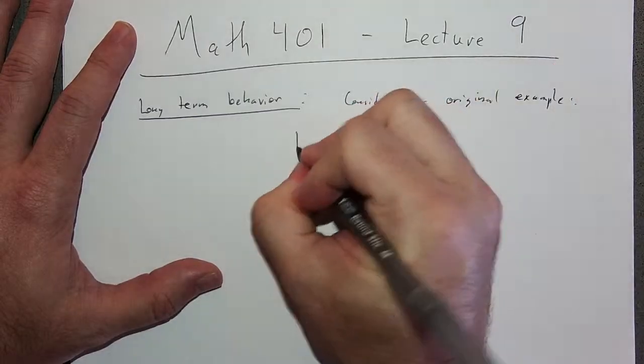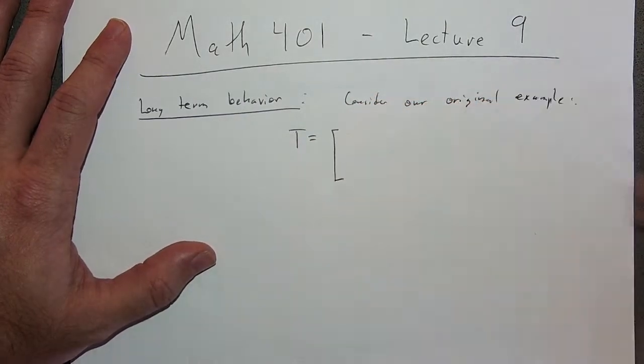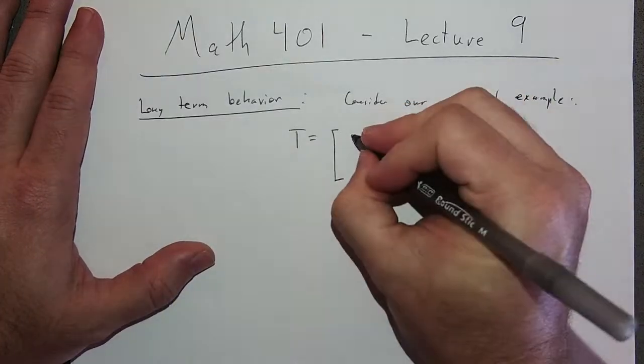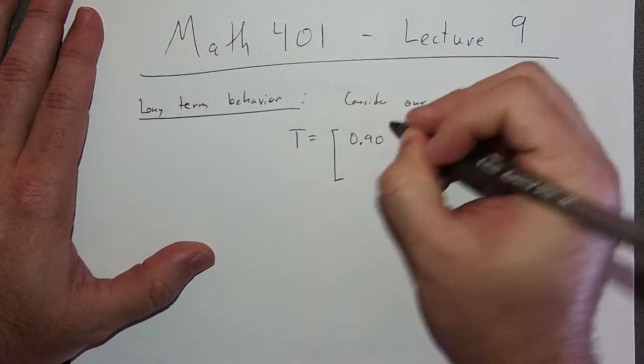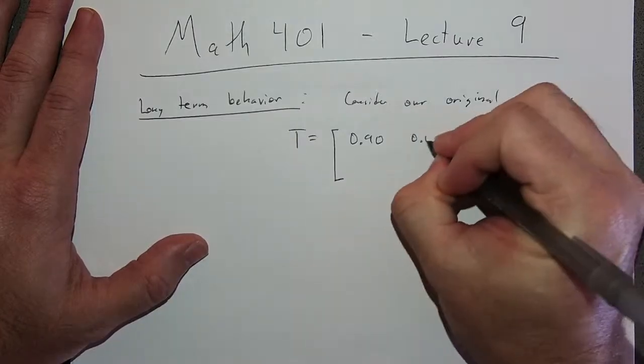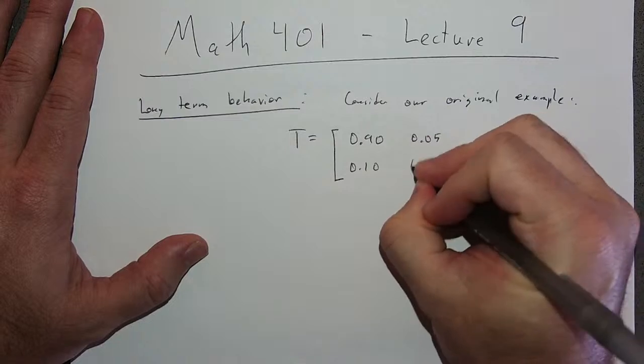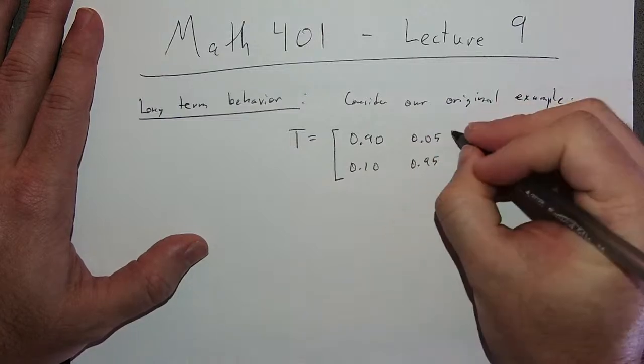The original example we gave that led to us describing this type of problem is 0.90, 0.05, 0.10, and 0.95.